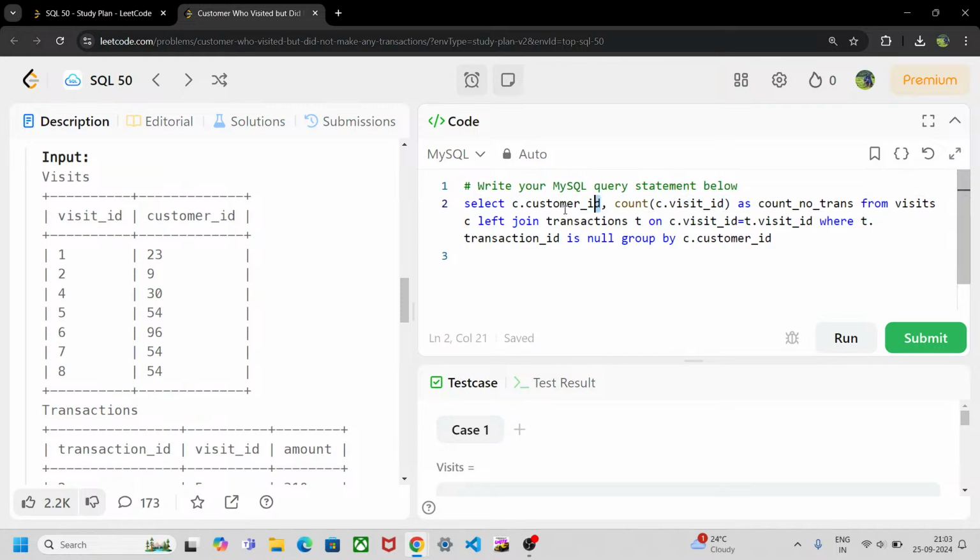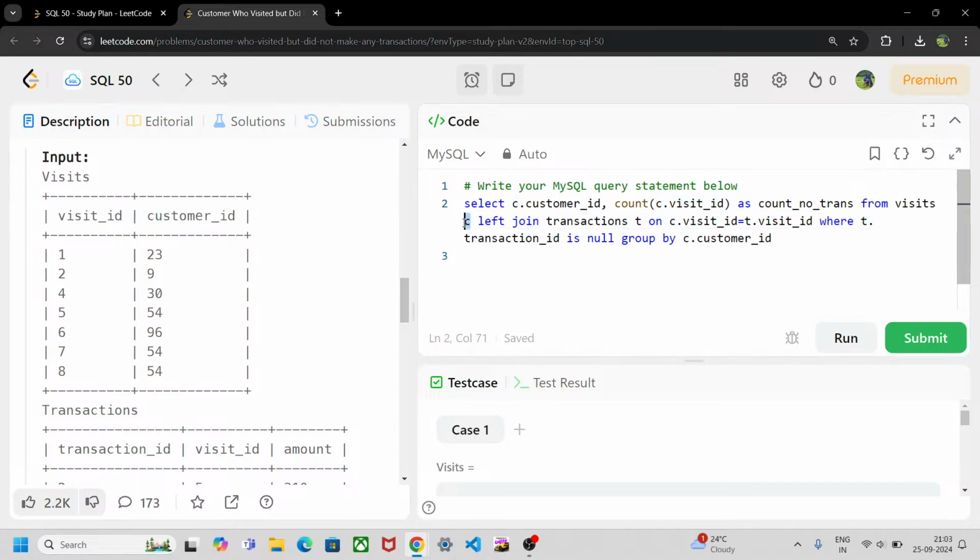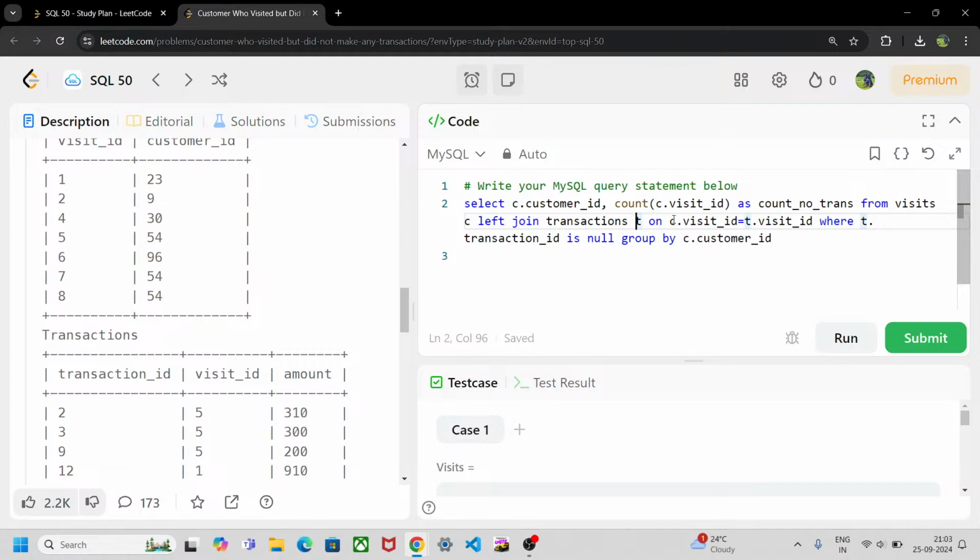So we are selecting customer ID and visit ID from this table, and from visits, okay, and I am aliasing it as C, okay, and then just forget the left join for now, okay, and just consider the join, and we're joining transactions T. So transactions is aliased by letter T on C dot visit ID and T dot visit ID. So visit ID is common, but here as you can see we have selected just the customer ID and visit ID from this table itself.